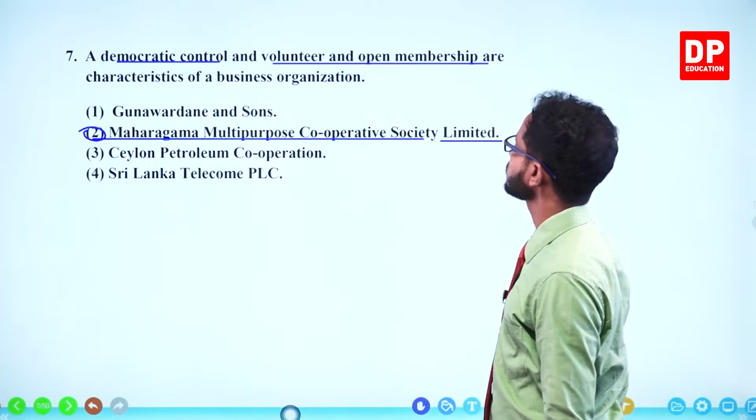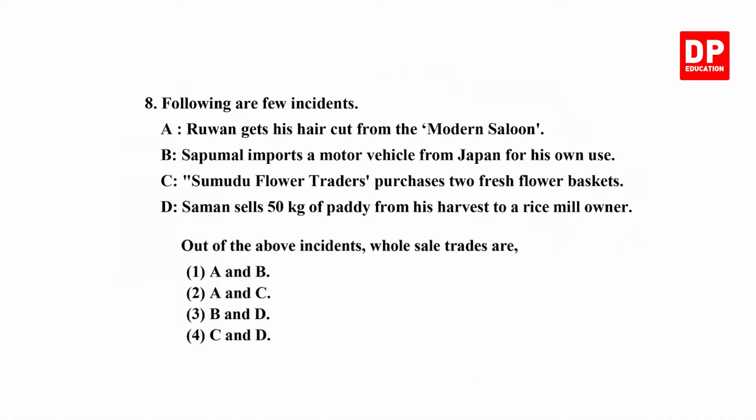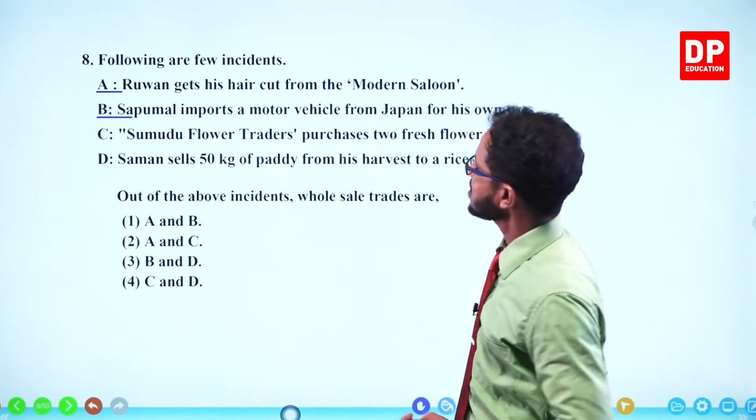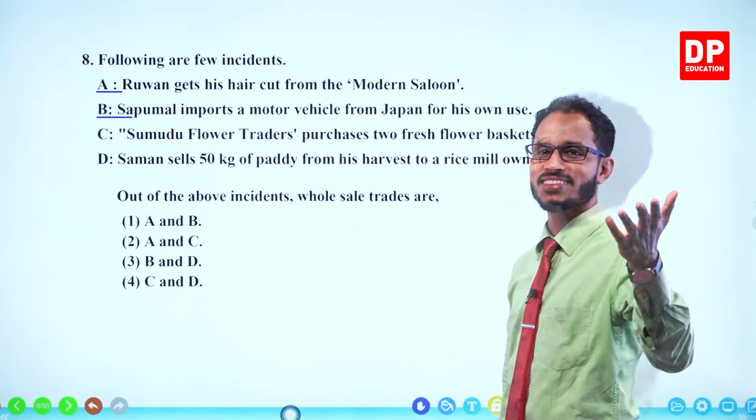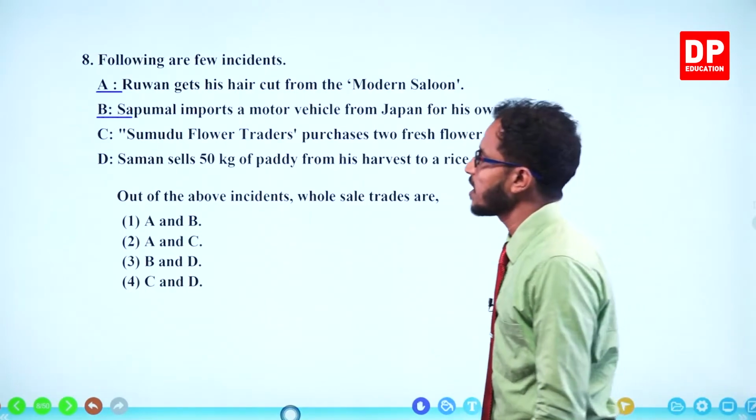Alright. Next question. Following are few incidents. Ruan gets his hair cut from the modern salon. Sapumal imports a motor vehicle from Japan for his personal use, okay?